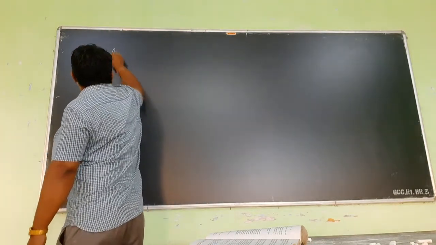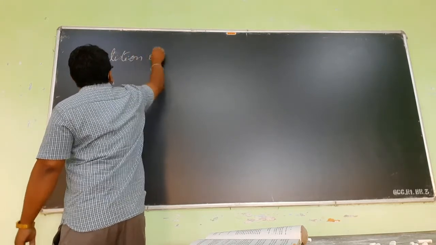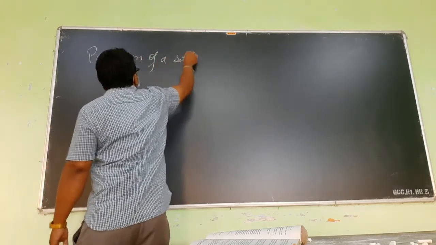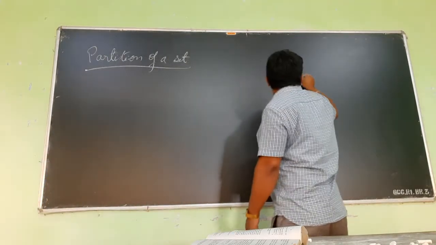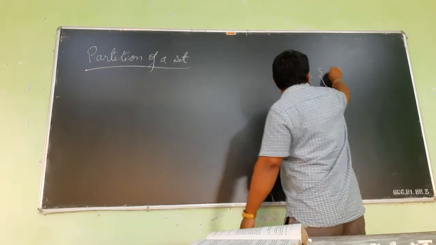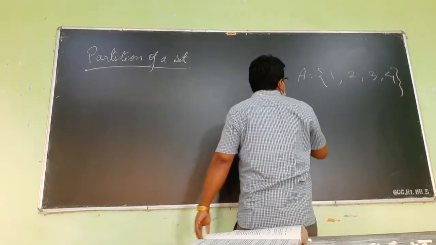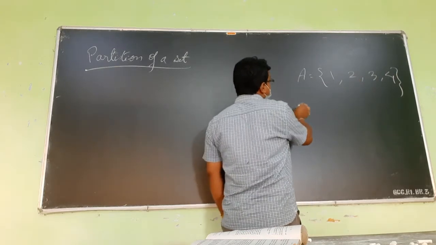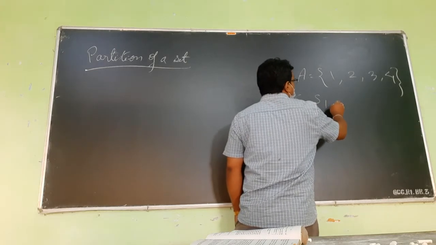Okay, so next thing is this partition of a set. Okay, so just see one example. Suppose your set is {1, 2, 3}, and I write subsets like say S1, I write it as {1, 2}.